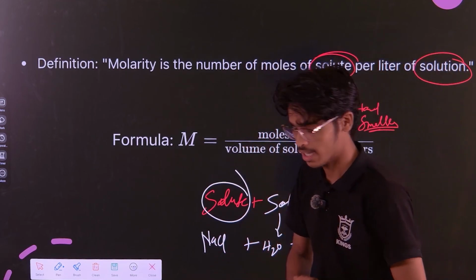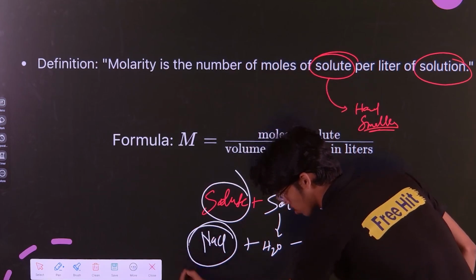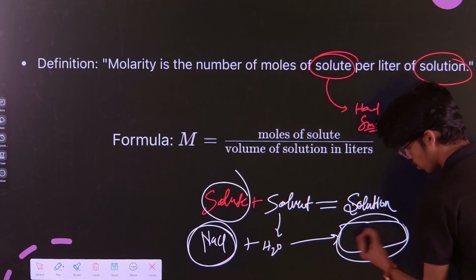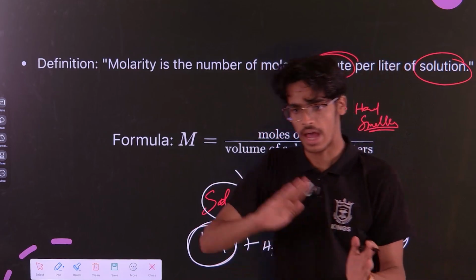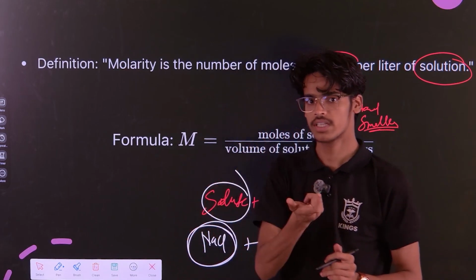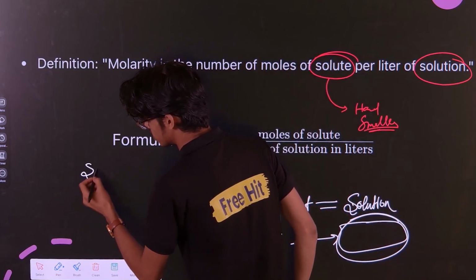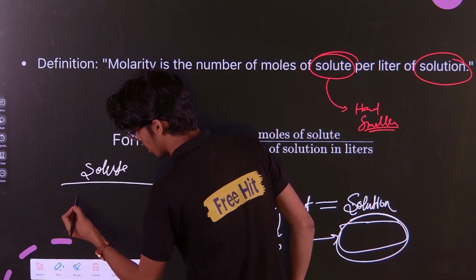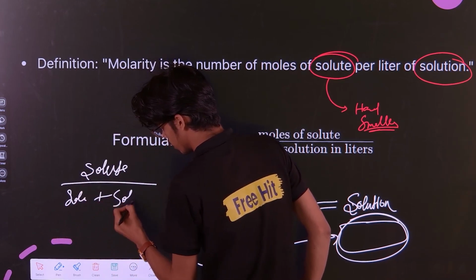So what is molarity? How many moles of this solute are there in this particular solution? The solution consists of both solute and solvent, and we compare to the solute. So it is just telling us about the concentration of solute over solution, and you can write solution as solute plus solvent.